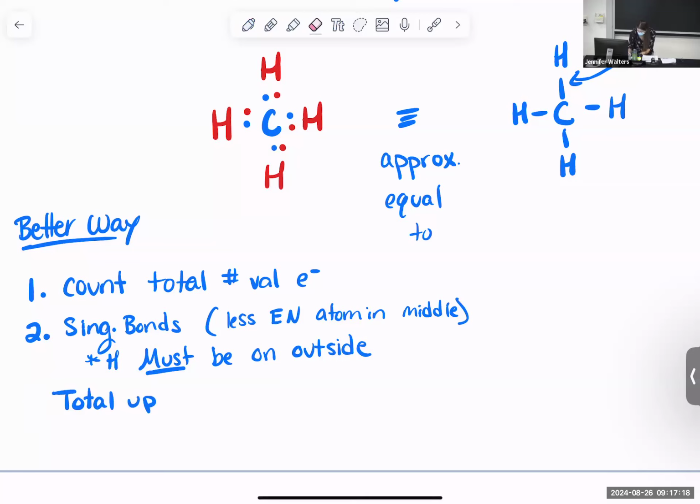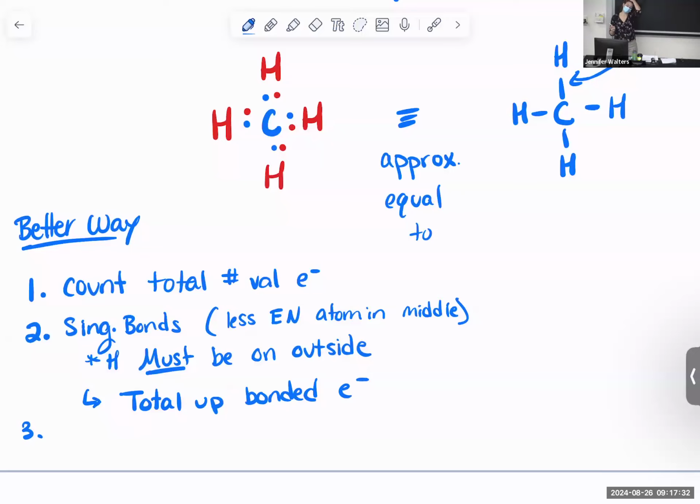Actually, we'll do it as a subset, because you want to be keeping a running total as you go. Step 3 is then you give lone pairs of electrons to all of your terminal atoms to fill their octet, fill their valence shell.